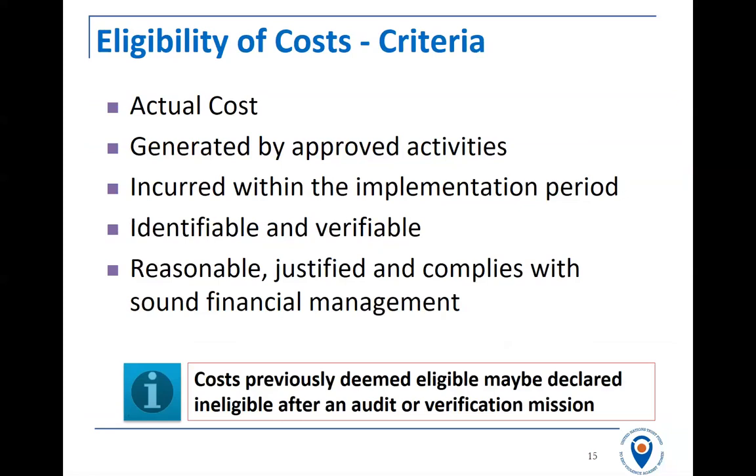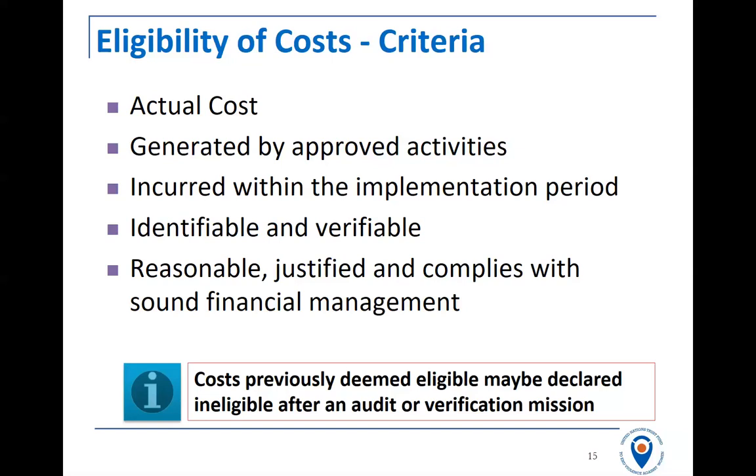So actual costs. We're cash-based, not accrual-based. And it must be something that was generated by the approved activities in your project budget. So coming back to the point on variations, you can, of course, make variations up to 20%.